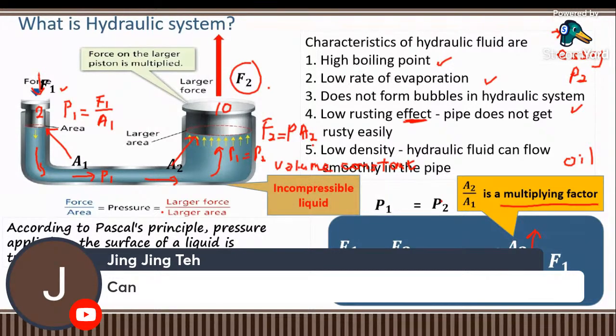Okay, jadi perbezaan yang besar dari segi area of piston, this one will increase the output force. Ada soalan tanya ya. Okay, so ini dipanggil Pascal formula. Pascal formula.